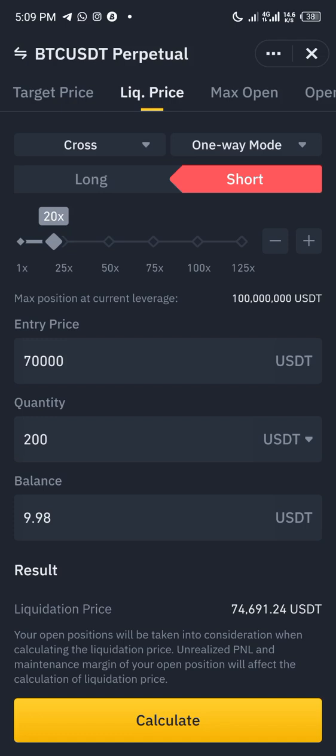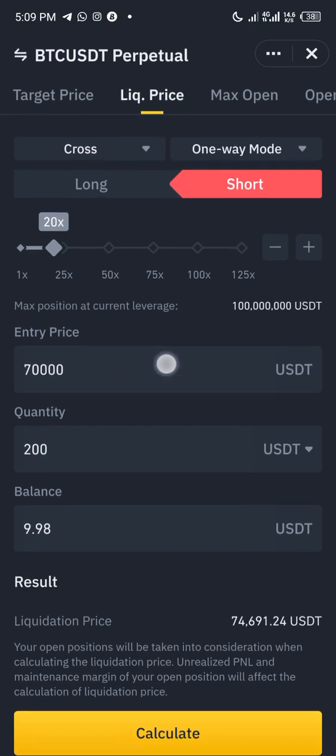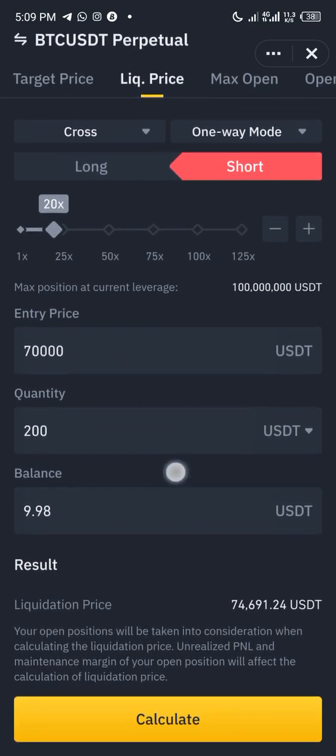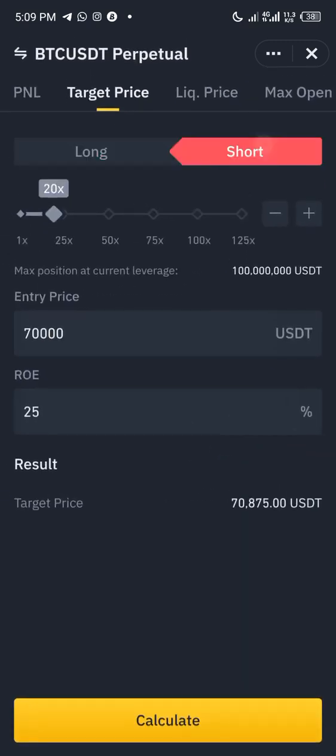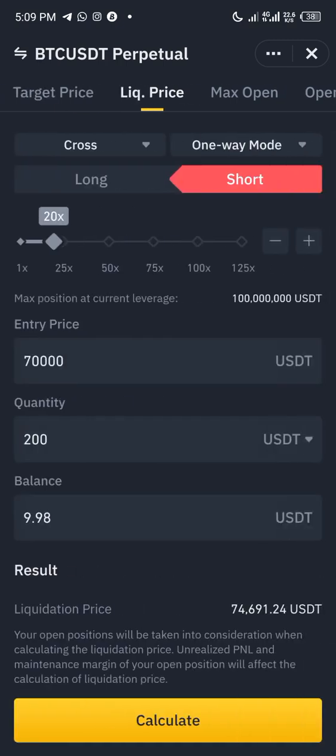You know, there's a difference between long and short position now. You guys know, right? So this is the entry price, 70,000 USDT, and this is the quantity I'm using to enter the trade, which is 200 USDT, right? And I've already clicked on calculate.